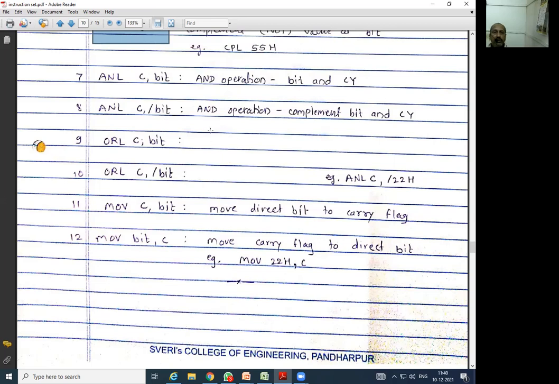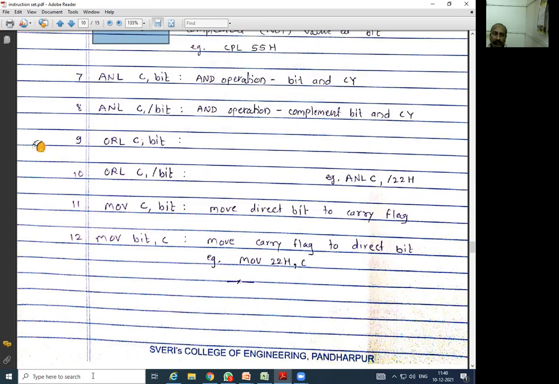So what is it doing? It is the ANDing operation between the complement of bit and carry. This is what it is going to be used for. It may be 1 or 0. For example, carry is 1 and bit has 0.